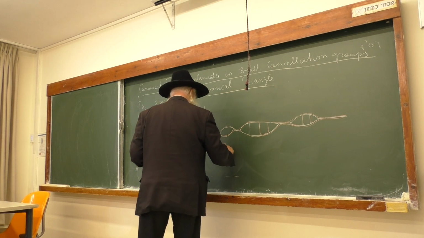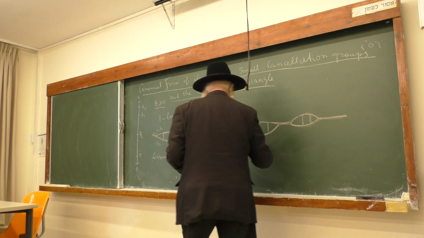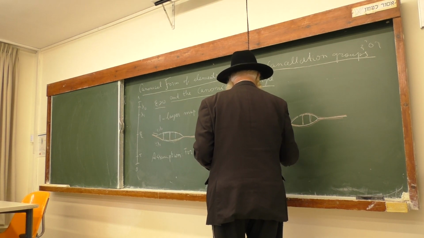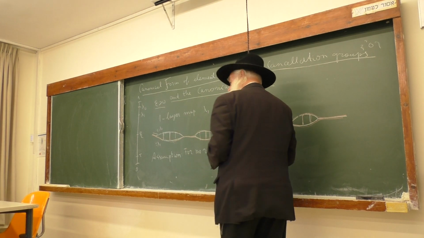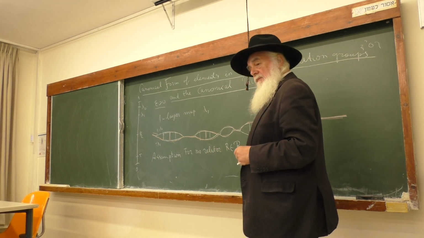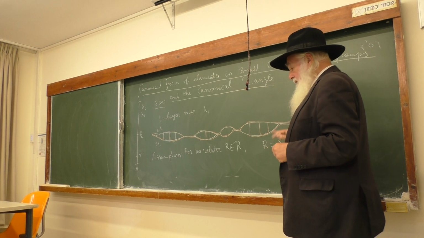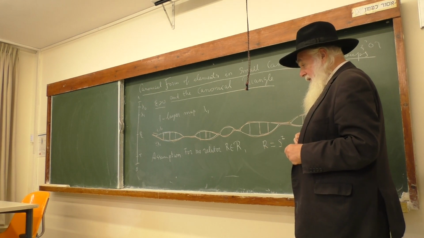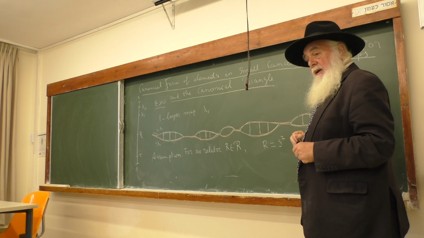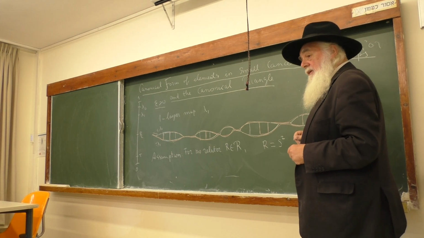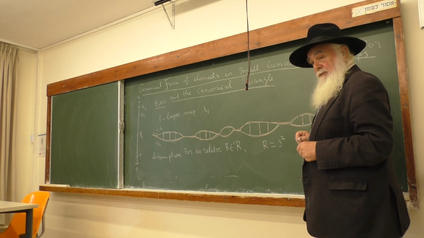...no relator R in Z, R is equal to some square of an element. And by the way, when we look at the Burnside problem, we will treat only the case of odd exponent.